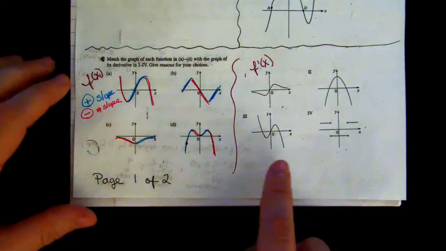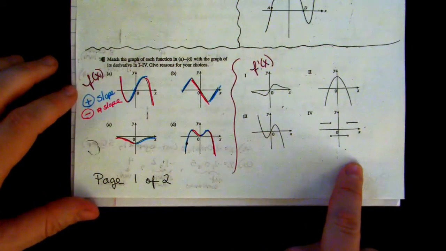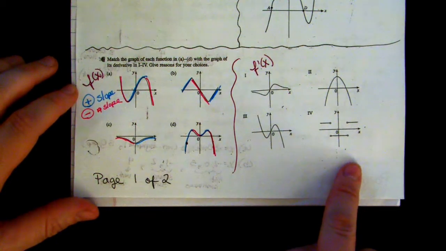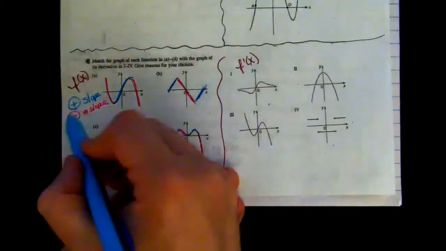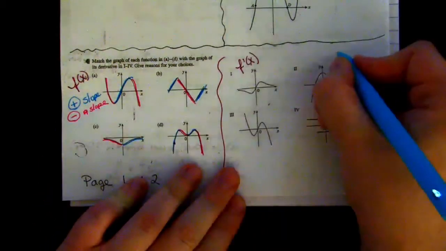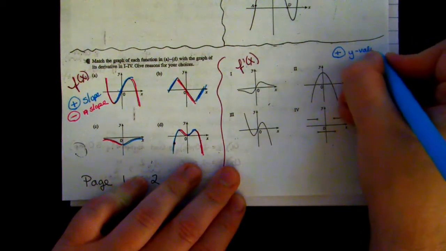What I'm now going to do on these graphs over here is, using the same colors, trace out my y values and distinguish between positive y values and negative y values. What I mean is, I used blue for my positive slopes over here. I'm going to use blue for my positive y values.